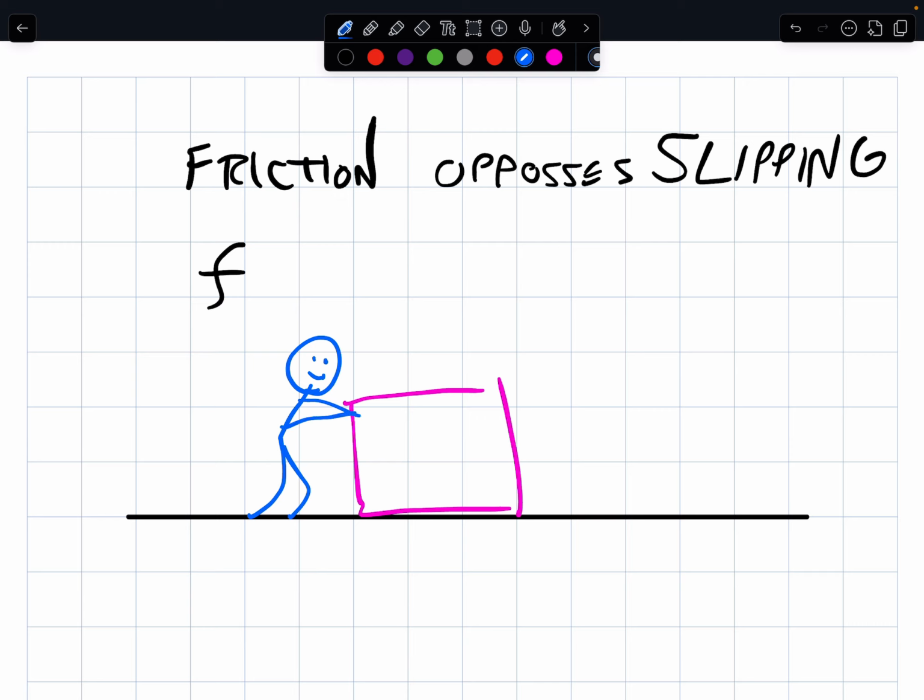And this guy is exerting a force against the box, and that's an applied force. I'll use a capital F, and let's say that force is 500 newtons. He is pushing against this thing with a force of 500 newtons, and it's not moving.